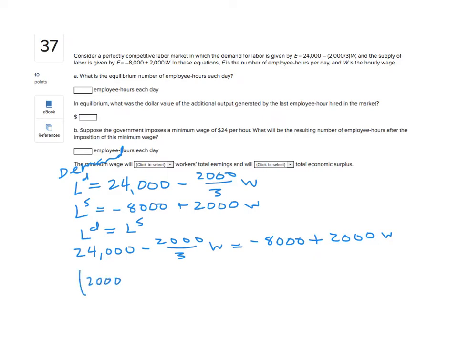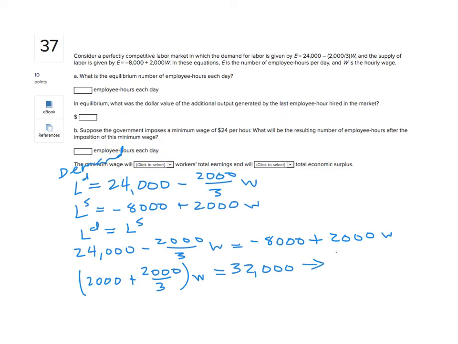2,000 plus 2,000 over 3 times W is going to equal 32,000. And from there, I'm running out of room. 2,000 is the same as 6,000 over 3.